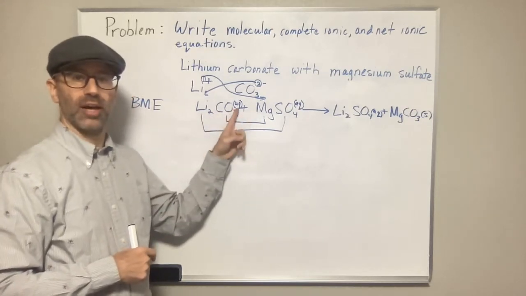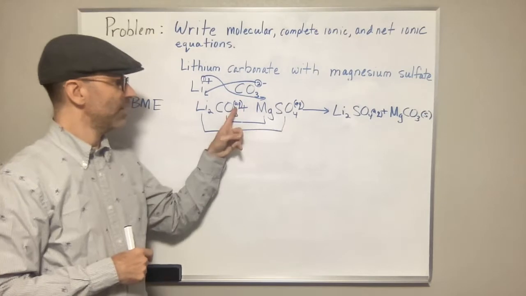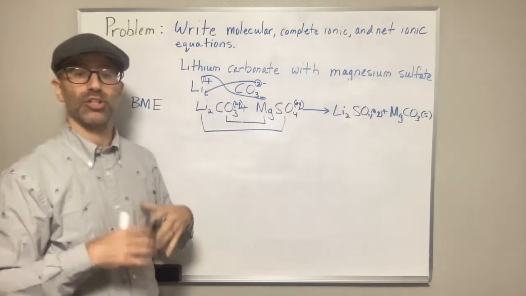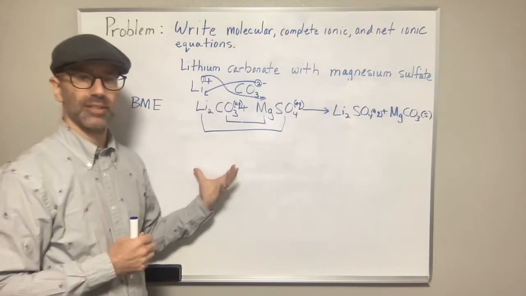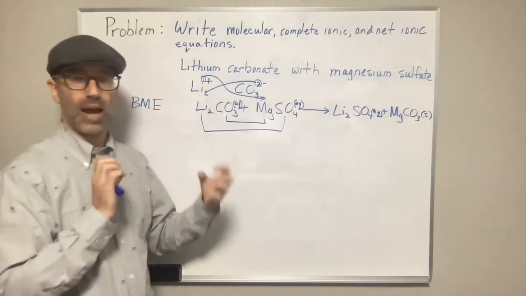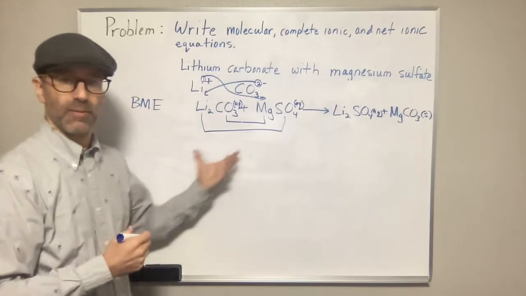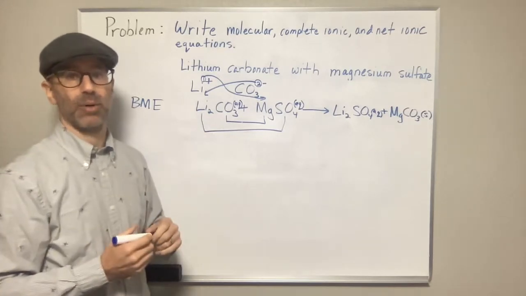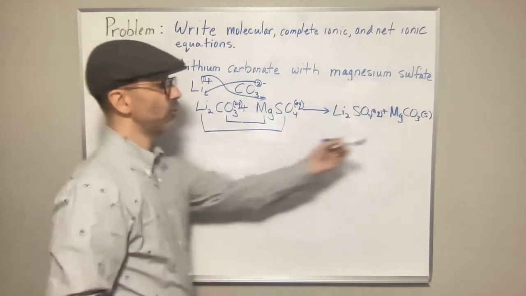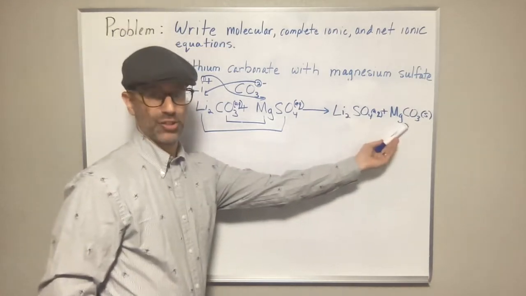But in reality, they're not together in the aqueous state. Remember, if you're aqueous, you're dissolved. Ionic substances that are dissolved, the ions separate from each other. They're not together. So we write a complete ionic equation in order to show that. Unless you're in a solid, the ions are not together.